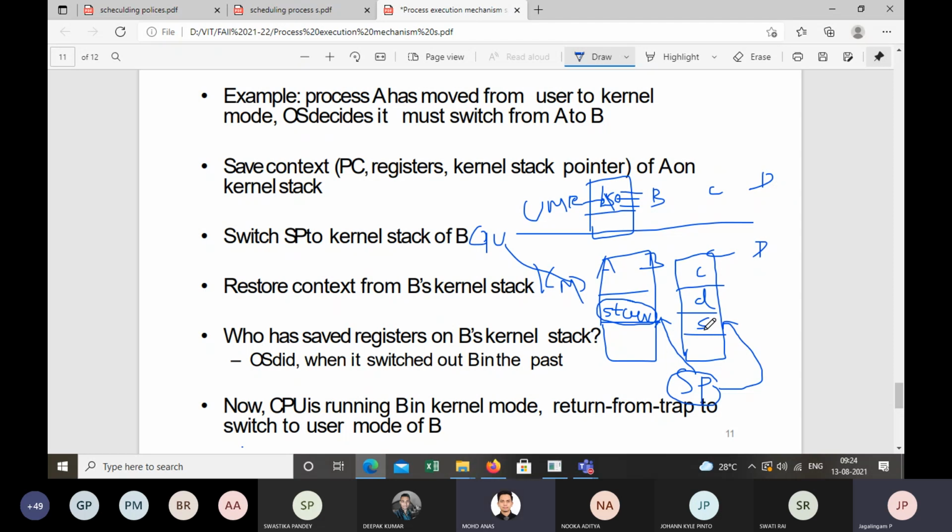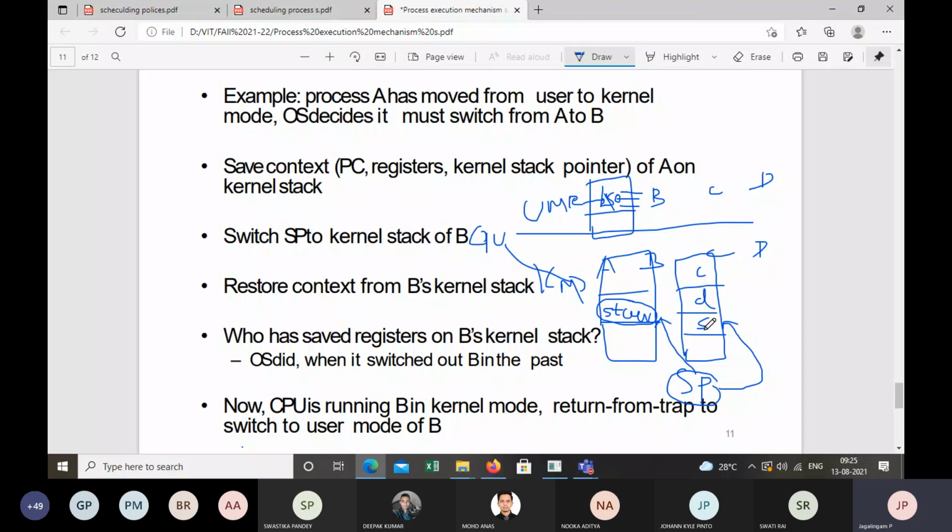In the process B stack, what information will you have? So, data. In the stack, what information will you have? Please don't disappoint. PC values. Yes, we have a PC value of which process? Process A?